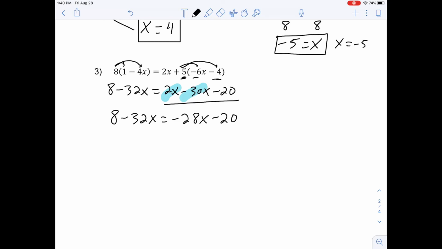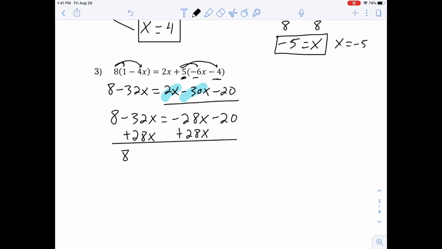So now it's like problem number 1 after we did a couple of steps. We just have 2 terms on either side. So this time I'm going to move the 28x over to the other side, even though it's going to make the x term negative, it's okay.